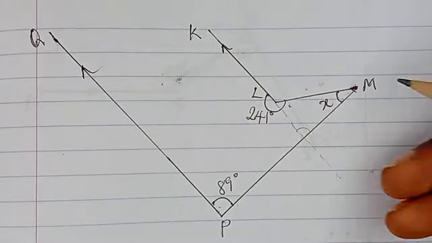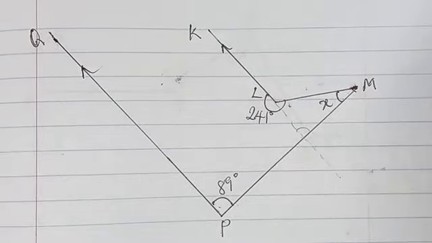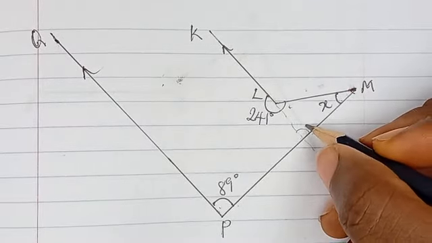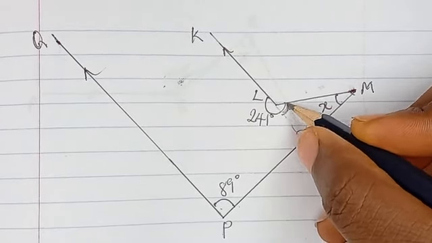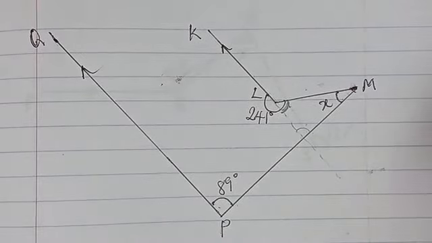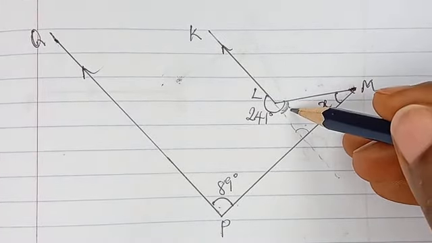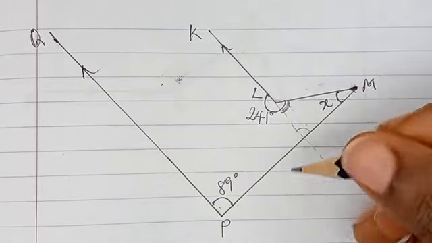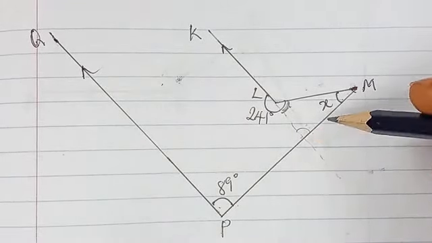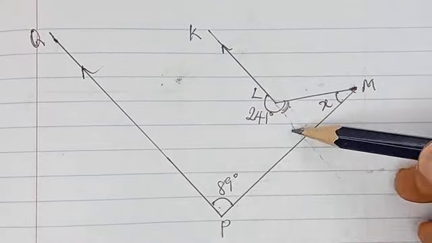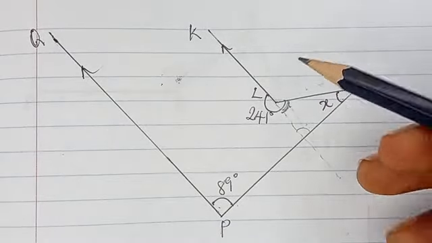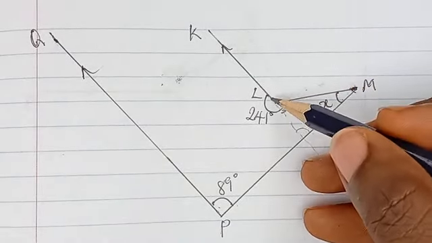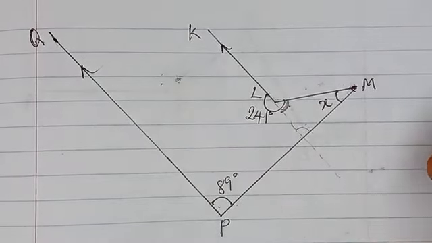If you want to show all working, you can name this angle A, for example, and this part angle B, and then you can always find your angle B. Angle A is equal to 89 degrees, reason corresponding angles. Angle B is equal to 241 minus 180, then we get our angle B.